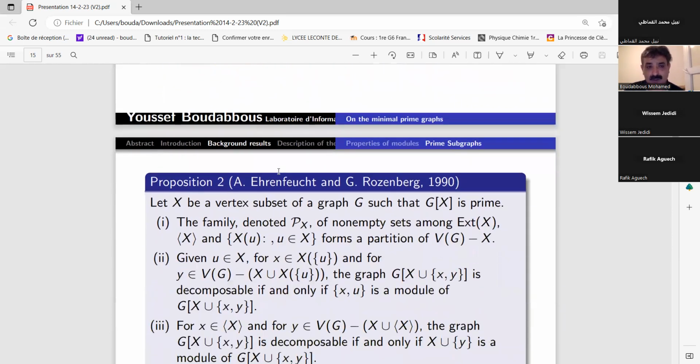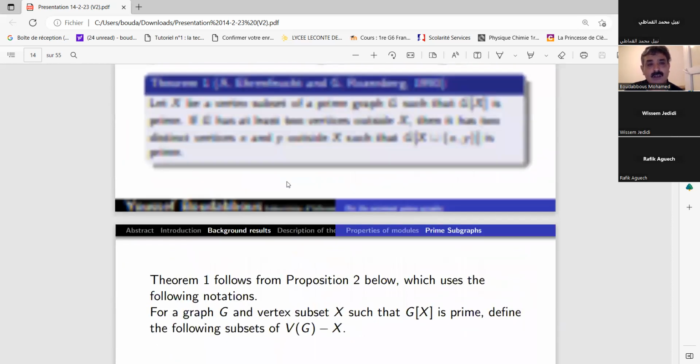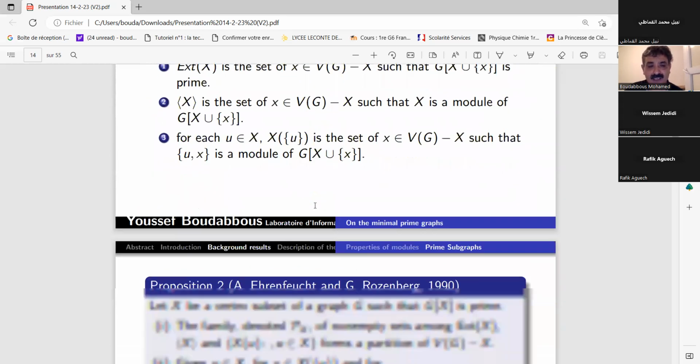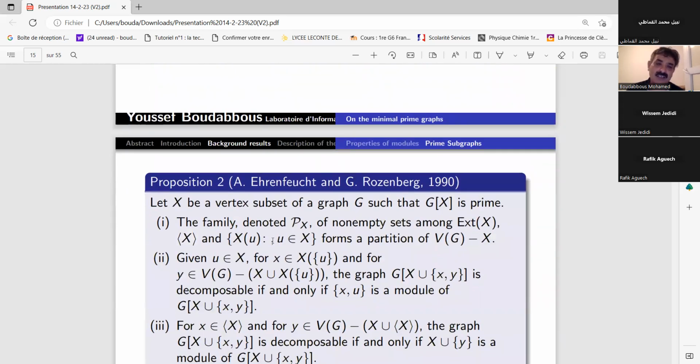And the result of Ehrenfest-Rosenberg, which is the tool to prove this theorem of Ehrenfest-Rosenberg. The first assertion: given a prime subgraph in a graph, the graph is not necessarily prime, but Gx is prime.